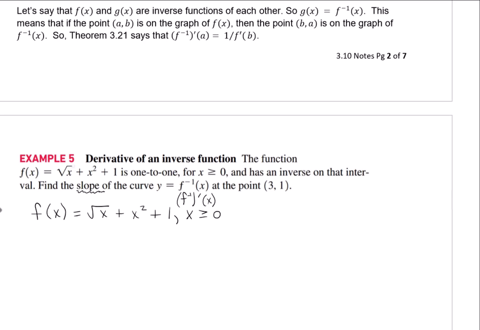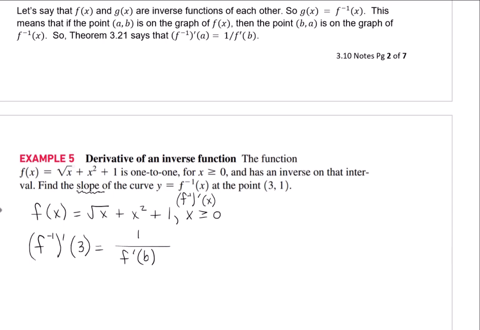And they have given us this point (3, 1). So specifically, f inverse prime of a, which is 3, is going to be equal to 1 over f prime of b.